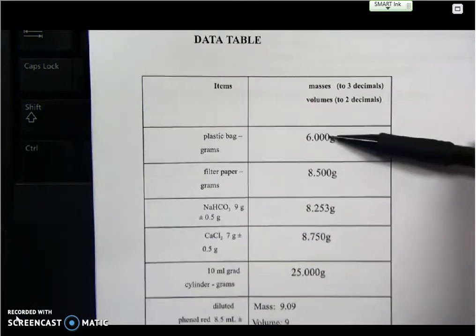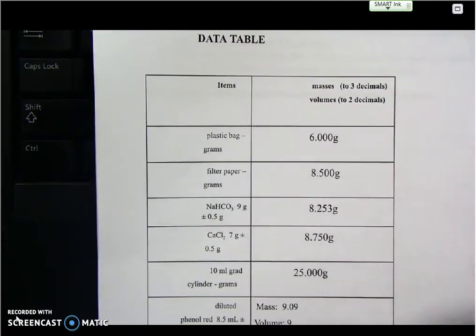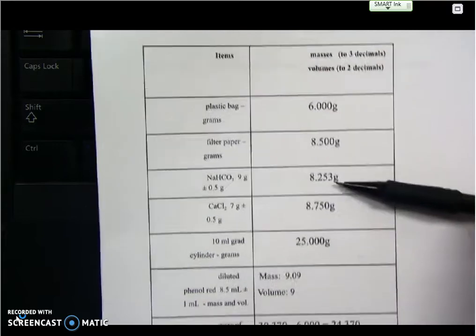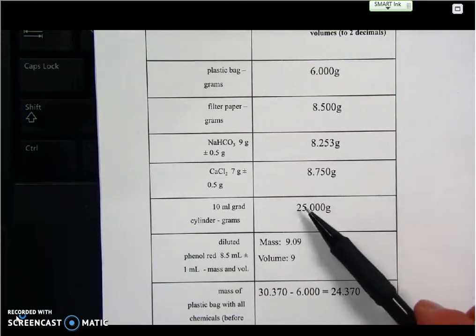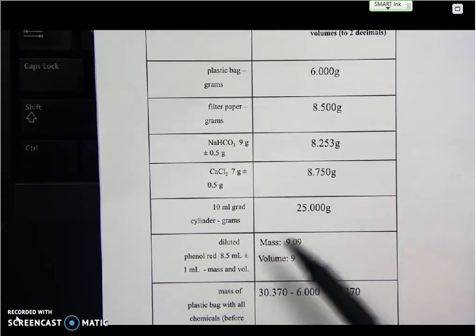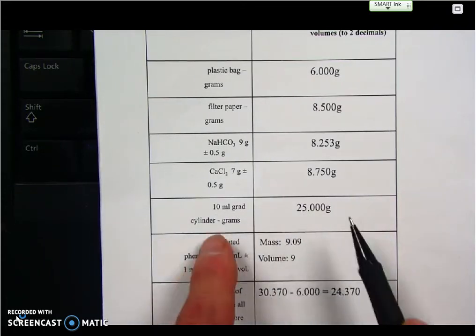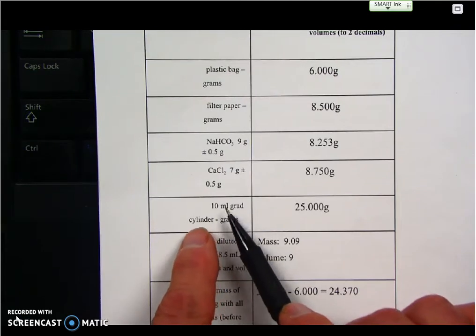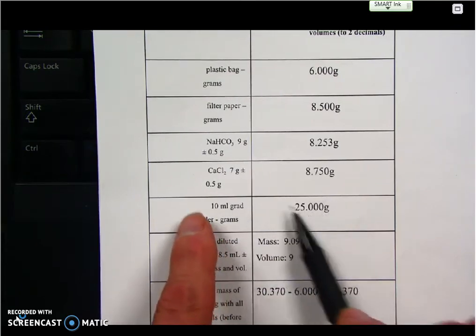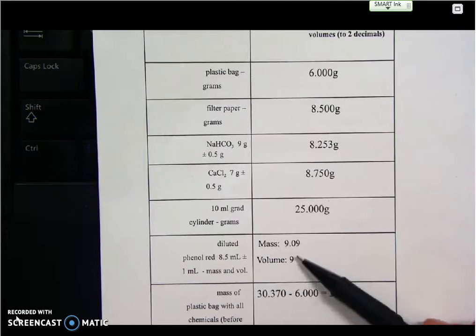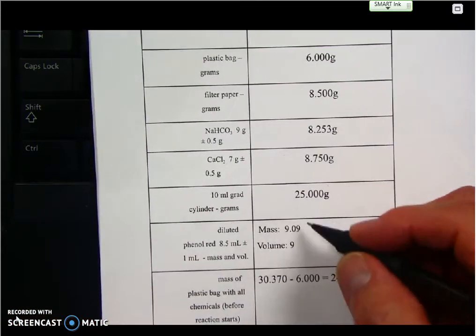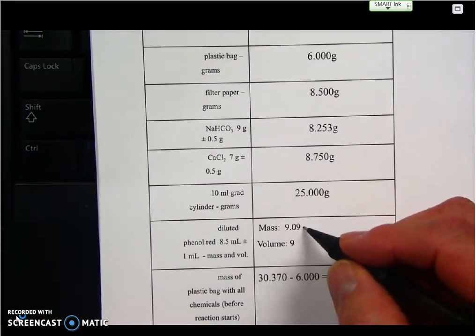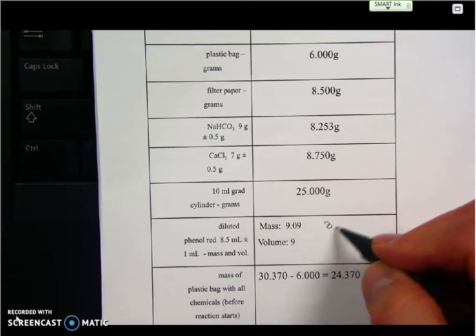Now I'm going to be looking for, do we have 3 decimals on all masses? And I'm looking at this and saying, wow, that's amazing. She got exactly 25 grams. That's the mass of it. And then the volume you've got here, you would get marked off for that. The mass still has to have 3 decimals.